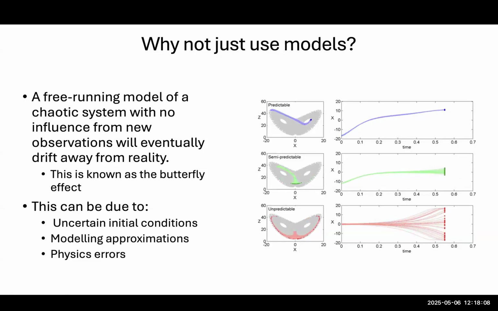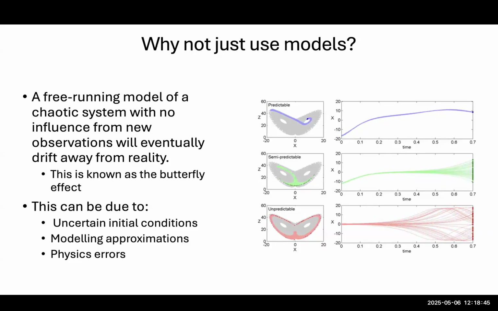So if you get them slightly wrong, you're going to have wildly differing forecasts from the true state. And the same with approximations, you further move away from the truth. And the same with errors in the physics, so an incorrect parameterization for example. So if we don't have everything perfect, then we can't necessarily trust that the model is producing the correct results.